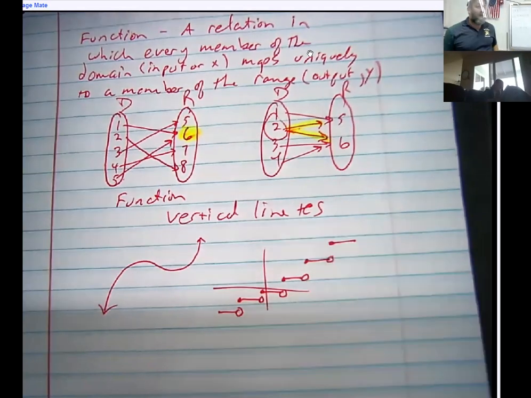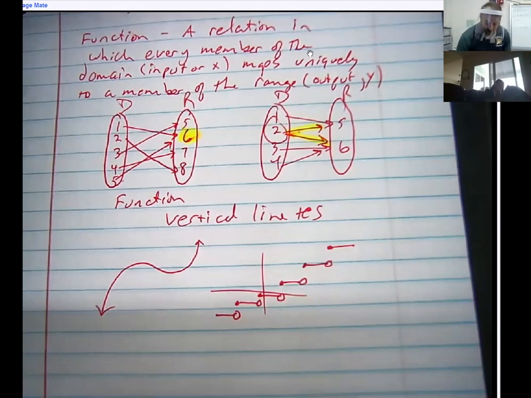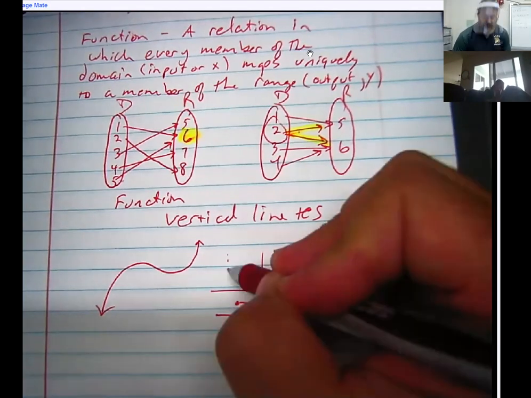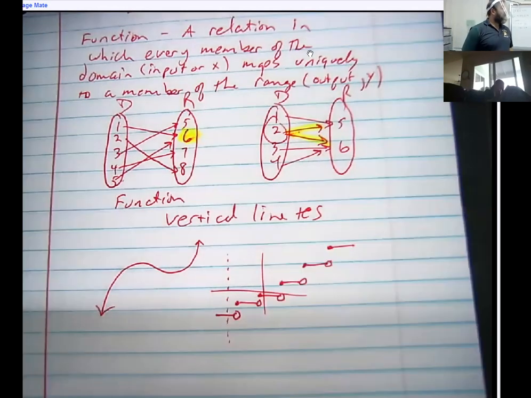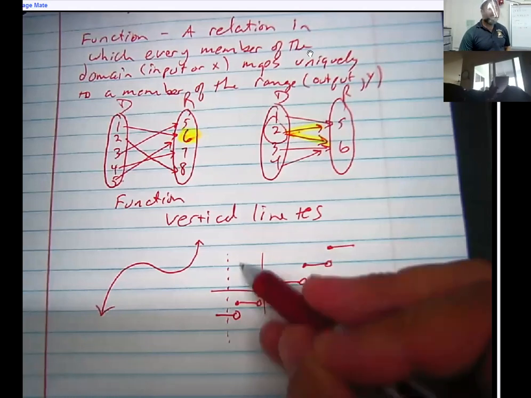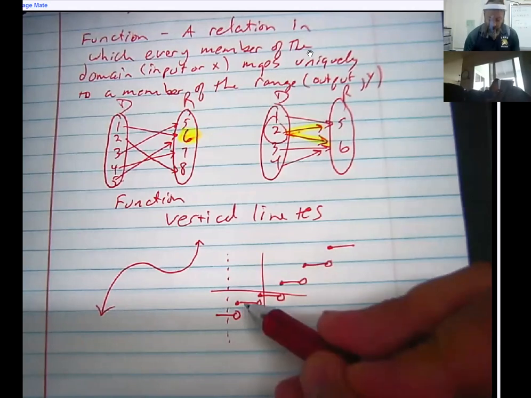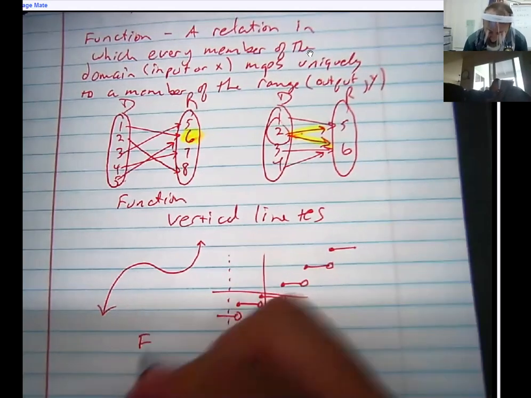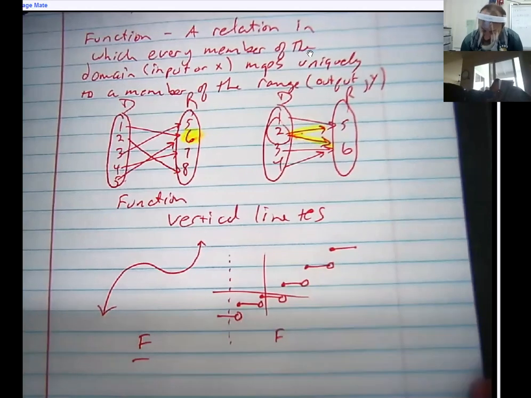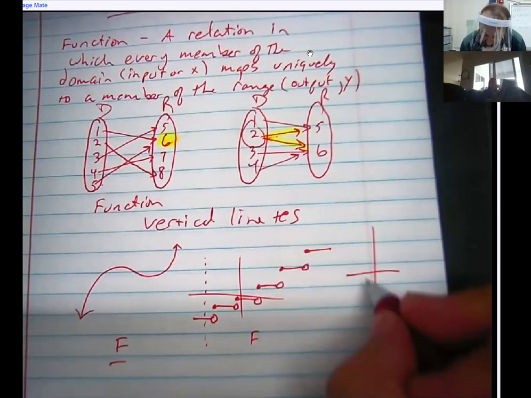Is that a function? It's kind of bizarre, but if I draw a vertical line, how many times did it hit? Just once, but what happens when I slide it right here? It still hits once. It missed the bottom one, but it picked it up on the top one. It's still a function.